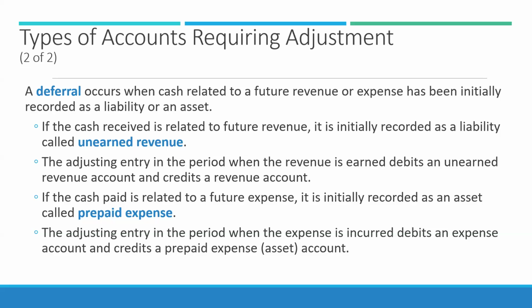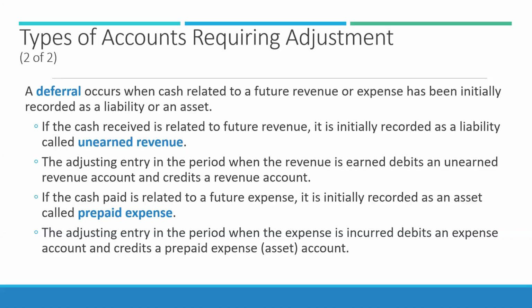At the end of the year, if we see that 6 months of that insurance has been used up, we would show that as an insurance expense and reduce our asset prepaid insurance. Does that make sense? Because when we pay money up front for an expense, but we haven't used it up yet, we show that as an asset.